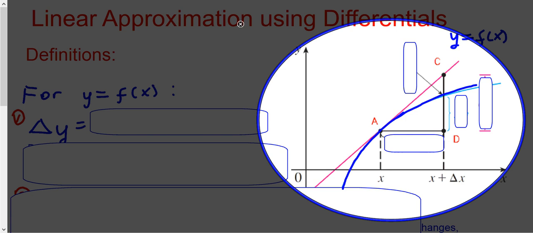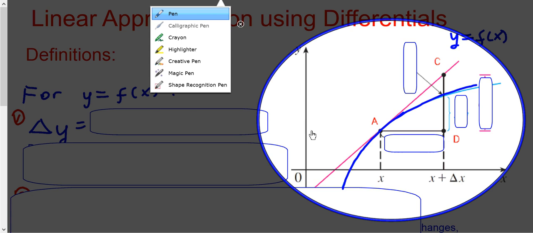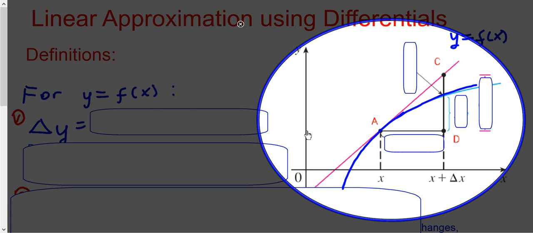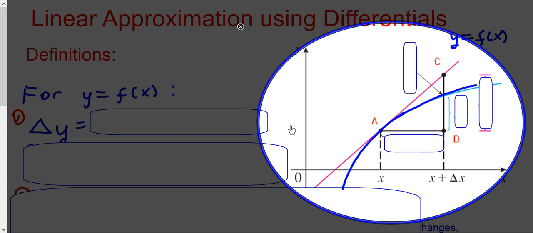The height would be f of x, right? Whatever the y coordinate there is, that would be f of x. And what about the y coordinate when you move a little bit away, when you go to x plus delta x? At that point, the y coordinate will be whatever the y coordinate is along the function. So that will be f of x plus delta x.